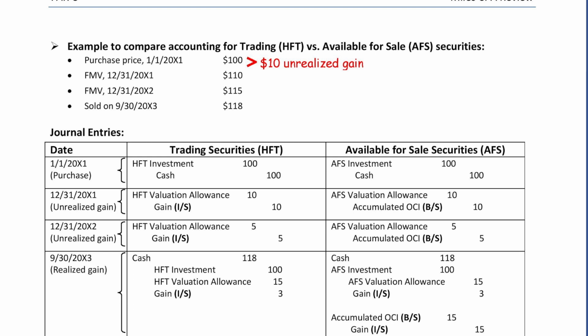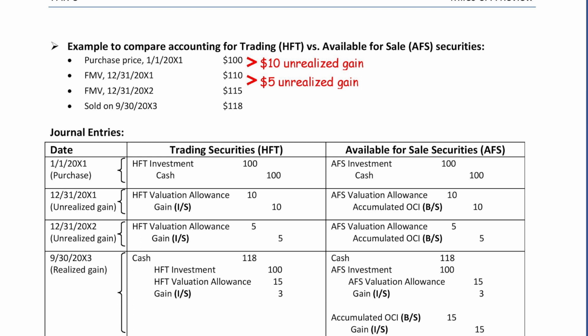Then if you look at the fair value as of 31st December year 2, it goes up further to $115. So right there in year 2 we have $5 again unrealized gain. And then you have the security being sold on 30th September year 3 for $118.